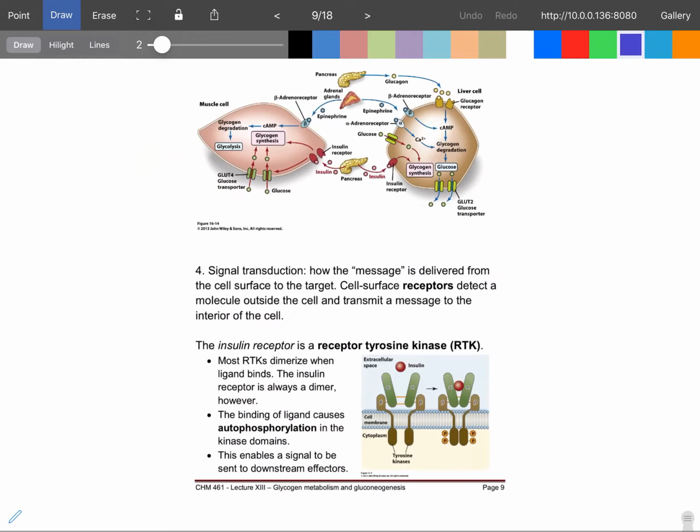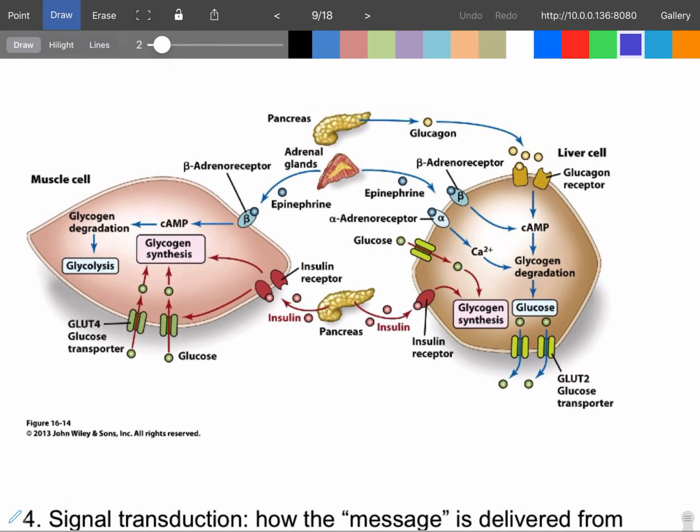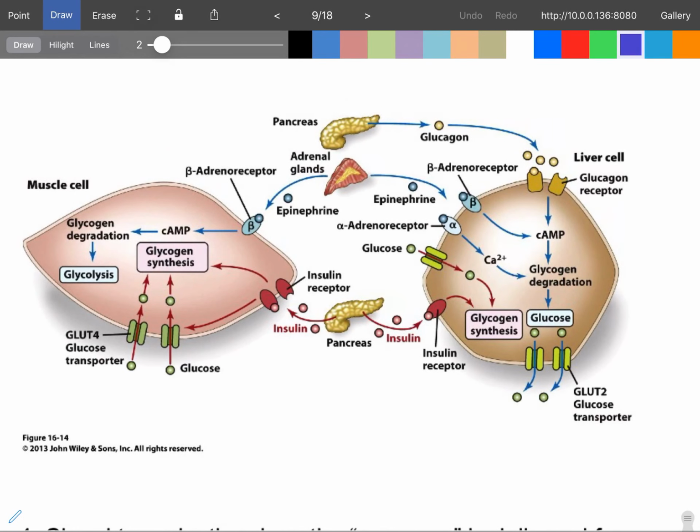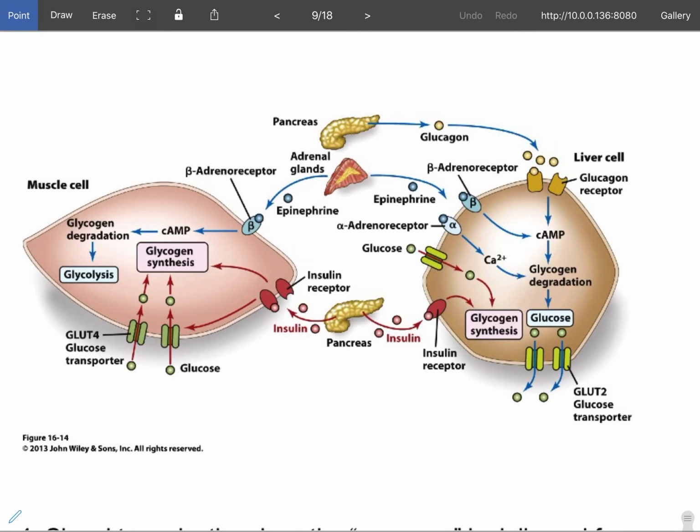So I want to explore how these things operate at an organismal level, thinking about humans here. And so we're going to explore what happens with a muscle cell and also with a liver cell and how these things operate differently. And remember, I have said that muscle cells are selfish and liver cells are selfless, and we're going to see how that operates.